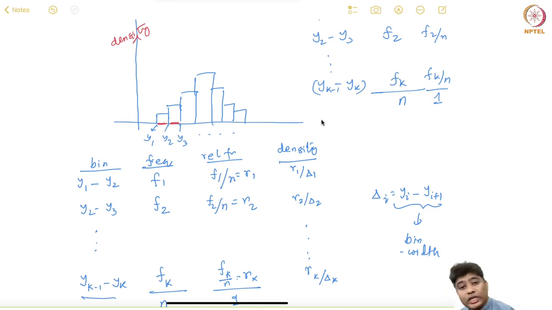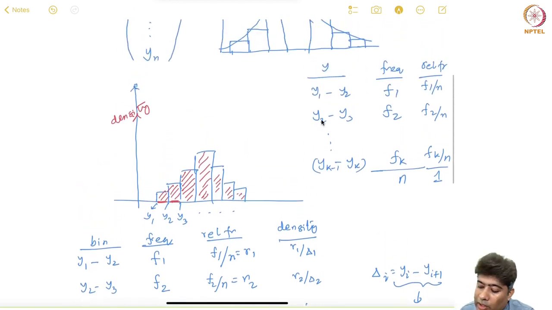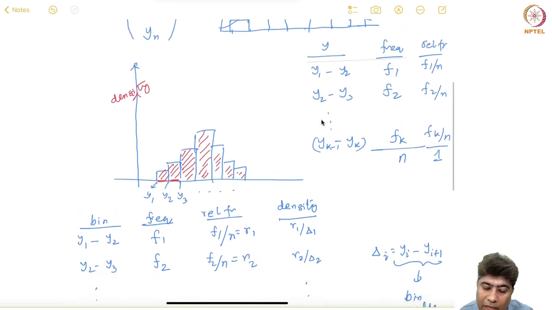The advantage is that the area of each box is the relative frequency itself. So the total area under all the boxes is exactly 1. In the histogram, the total area represents the idea of probability.